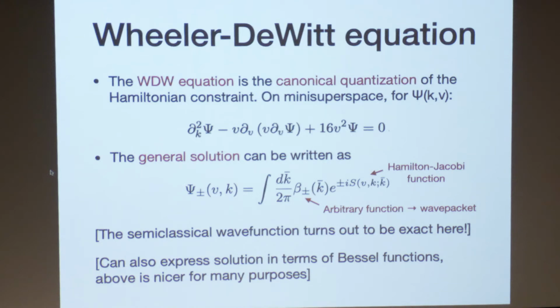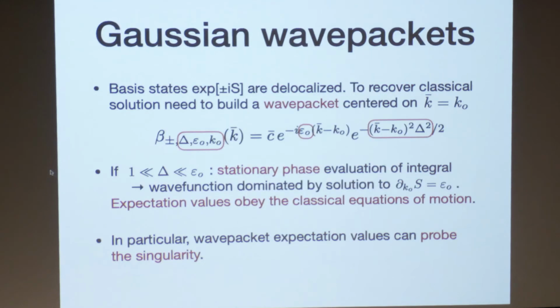You differentiate with respect to the constant. dS/dk bar is equal to d/dk bar of this thing, which picks out this epsilon. This term is 0 because the wave function is very strongly supported at the peak of the Gaussian, and so all integrals that you do are going to be dominated by k and v that obey this equation, which is the classical equation of motion.